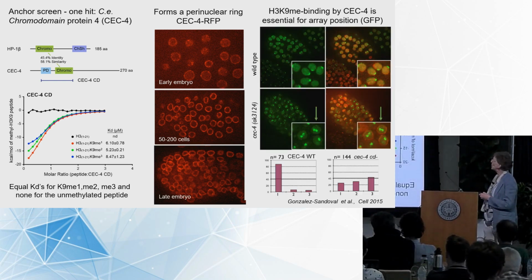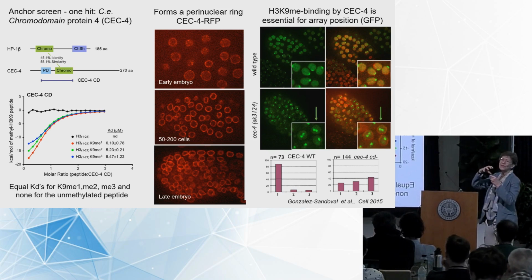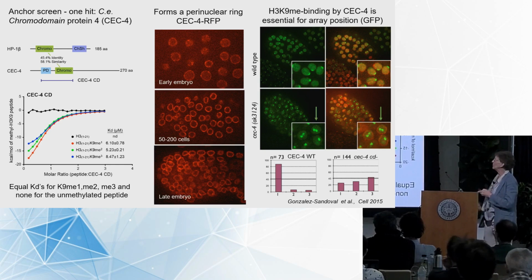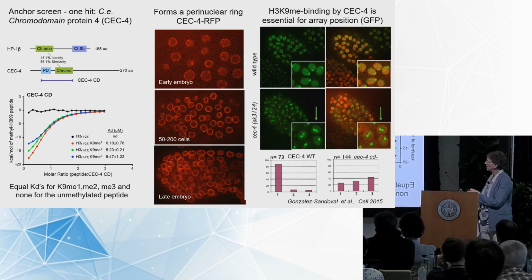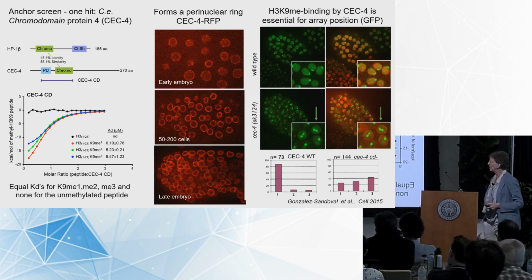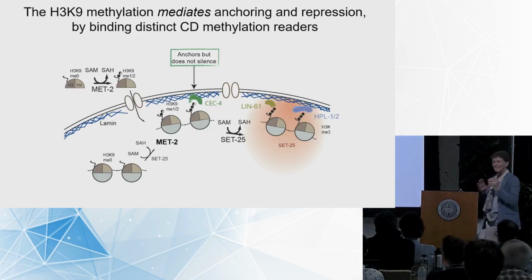And if we made a point mutant in the chromodomain so that it could not bind the K9 methyl or knock it out completely, we completely delocalized the heterochromatin array from the periphery to the inside. And the CEC4 stayed peripheral. So this is the quantitation. It's clearly random, and this is prior. So now we really have a story.